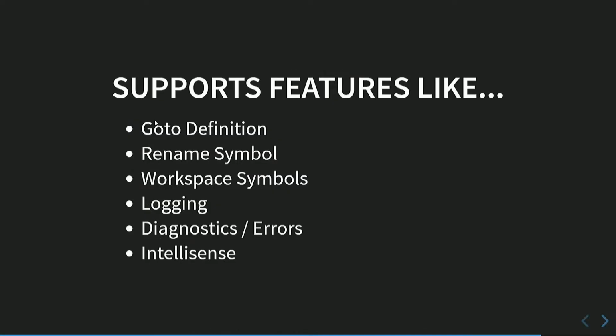What are the kinds of things that the language server actually supports? Go-to definition: I hit F12, or whatever your key binding might be for that, and it takes me to where my code is, so I can figure out what's going on. Rename: renaming an item instead of doing find and replace in the file like you did in JavaScript, and realizing, oh, I just broke the world because I changed the wrong function.